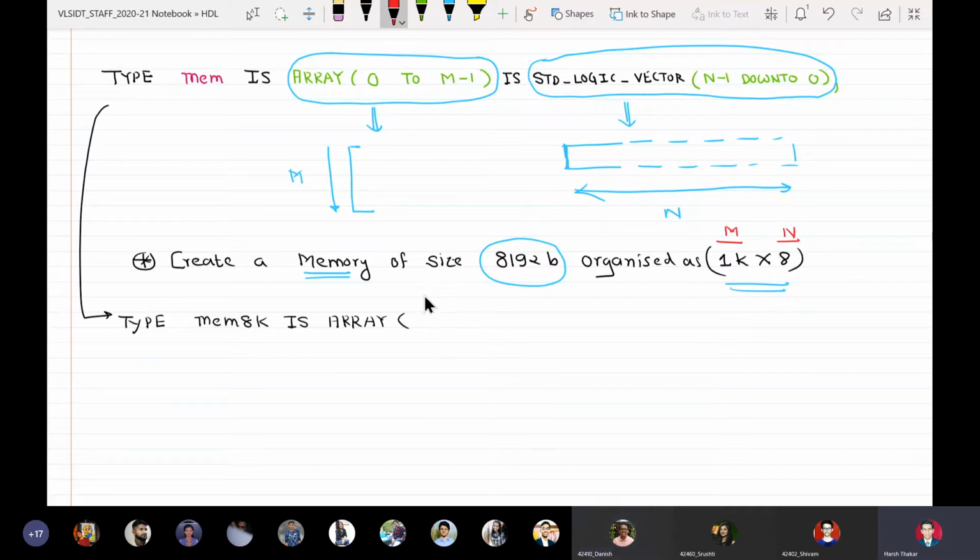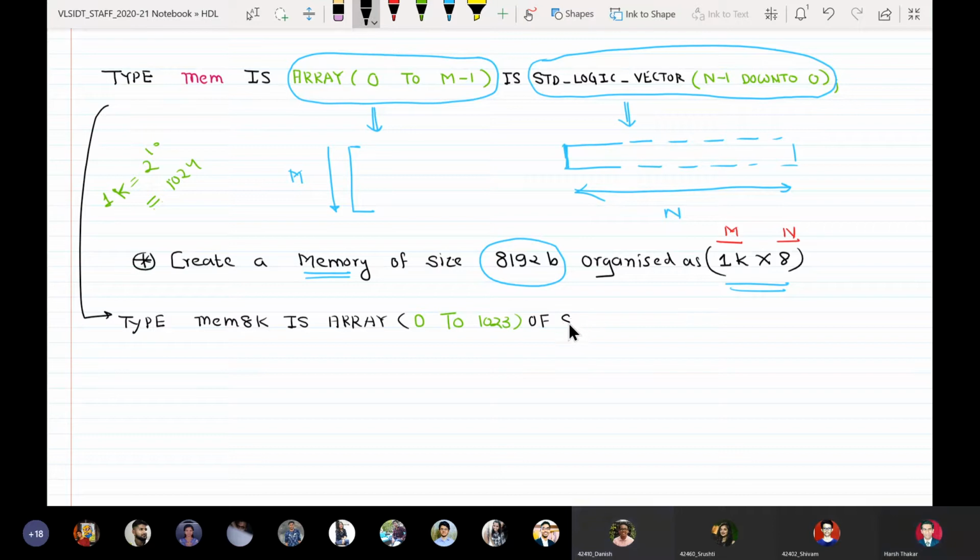You do not know what 1k is in digital? 1k is 2 raised to 10, so it is 1024. Now tell me. So type mem8k is array 0 to 1023. Very good.